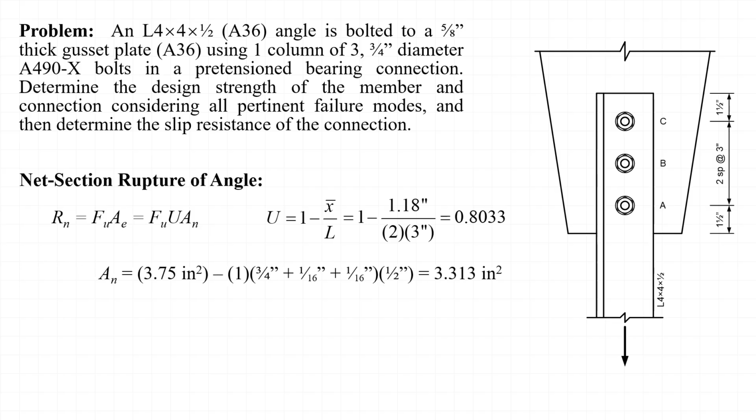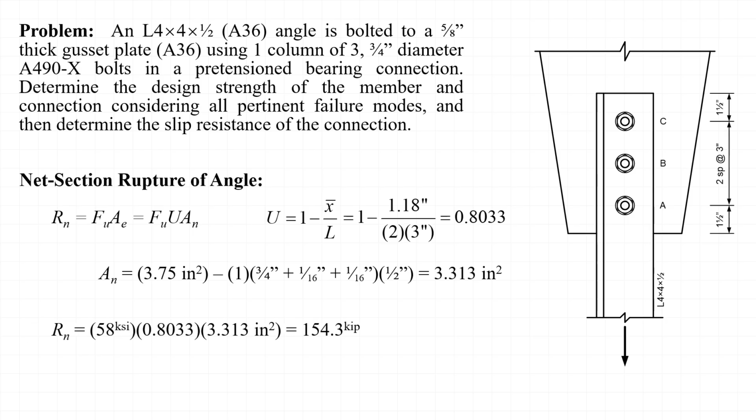Next, we calculate the net area, A sub n, by subtracting the cross-sectional area lost to the fabrication of one bolt hole. Assuming that standard holes are used for the 3/4 inch diameter bolts, the net area is found to be 3.313 inches squared.